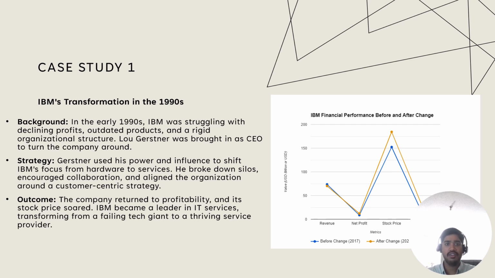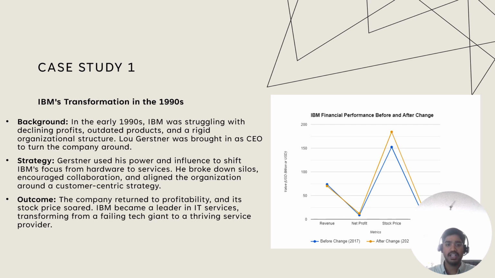It all started in the early 1990s when IBM faced severe financial difficulties and a rapidly changing tech landscape. The company was losing relevance as the industry shifted from mainframes to personal computing.